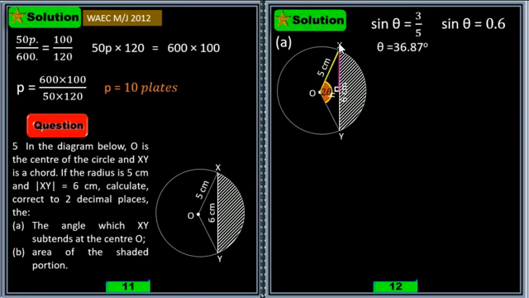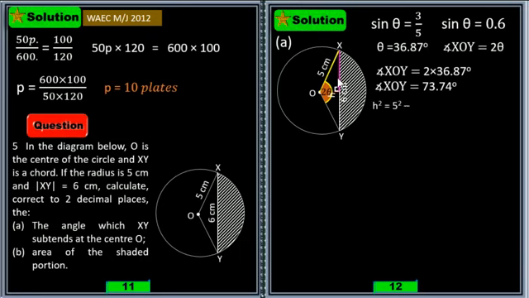So therefore, the angle formed by the triangle XOY at the point O, that is angle XOY, will be 36.87 degrees multiplied by 2. So therefore, angle XOY is equal to 2 theta, and that will give us 2 times the value of theta we have calculated here. Using calculator to multiply out, you have 73.74 degrees.